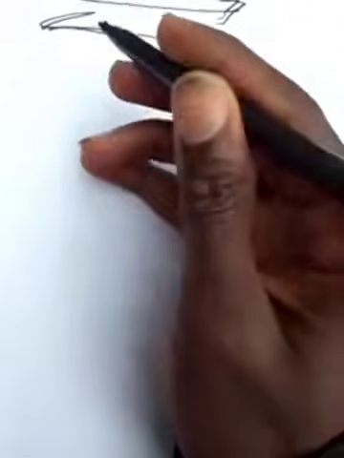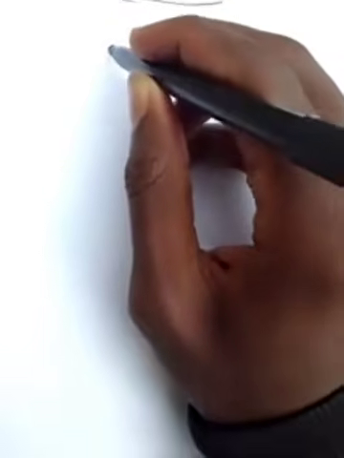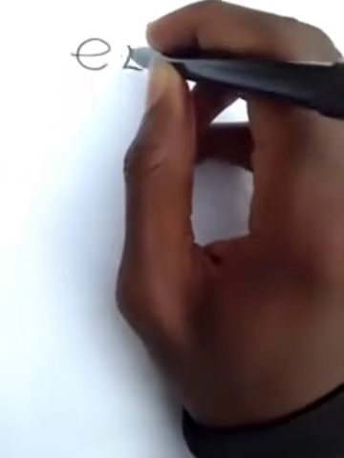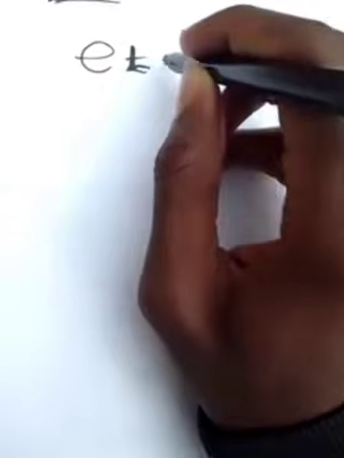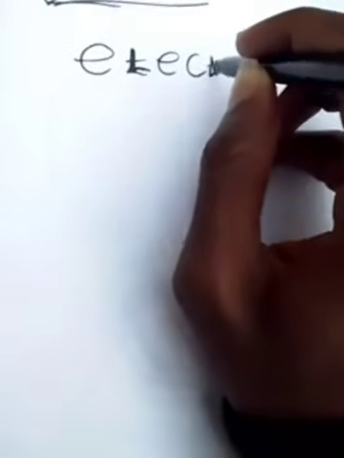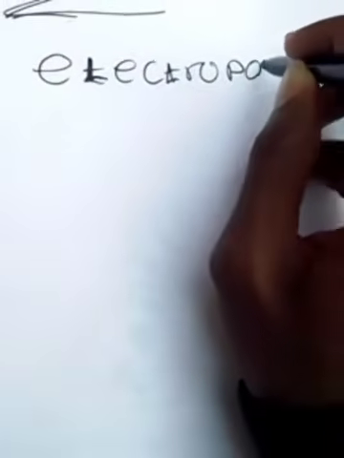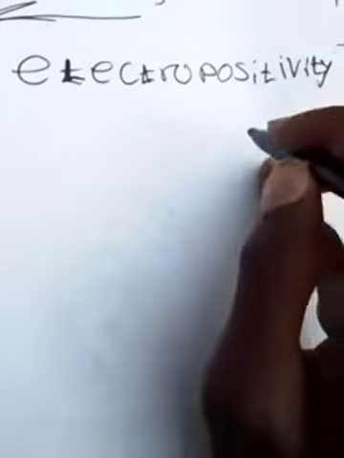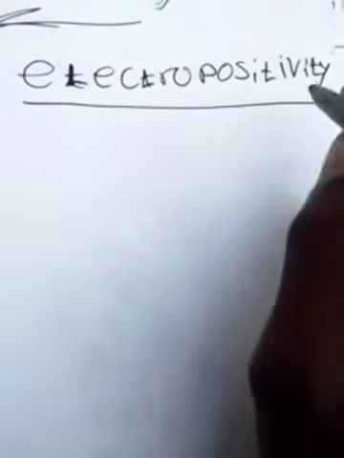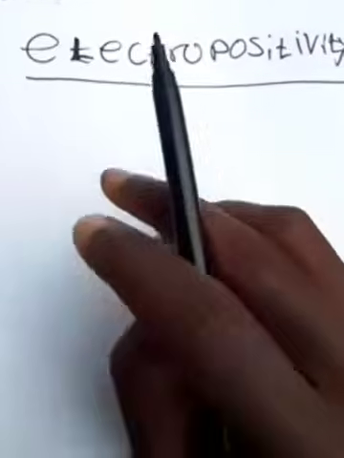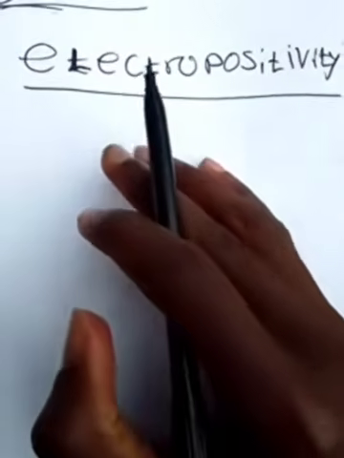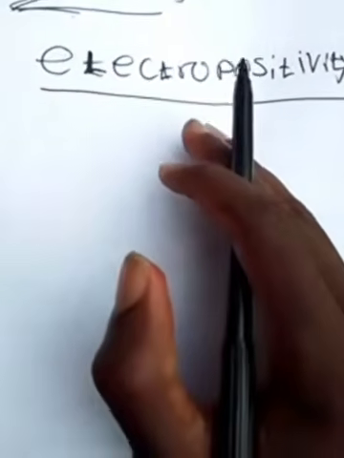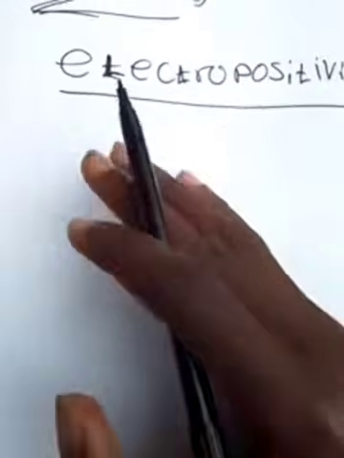Yes, so some bonus information I would like to tell you is also there is what is called electropositivity. Electropositivity is the opposite of electronegativity. Everything that I've just explained about electronegativity, now the opposite.